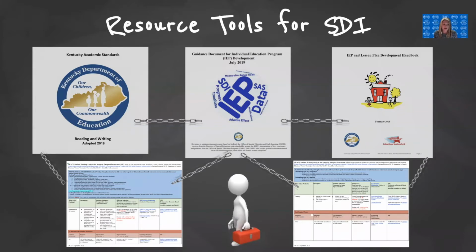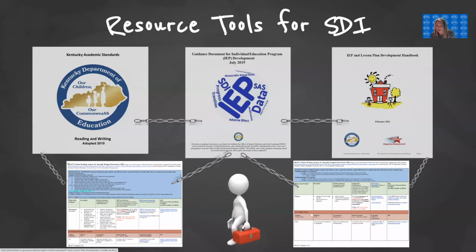They connect. You can use those along with the Kentucky academic standards that you have, because ultimately students have to meet those grade level standards. This is a guidance document for writing your IEP. These are links, I think, that are in your guided notes as well. And then the IEP and lesson plan development handbook.